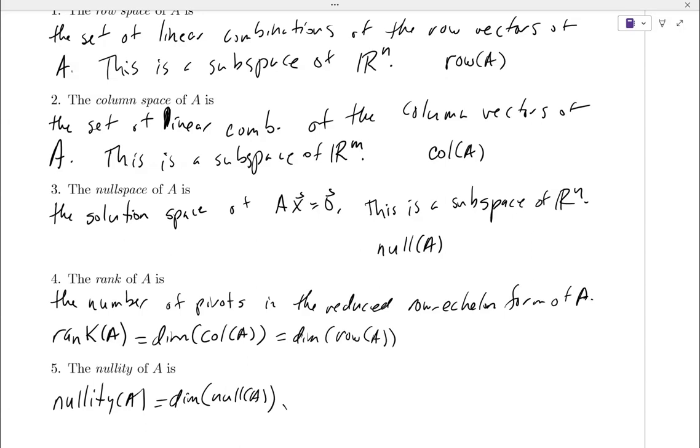Column space, we do the same thing, except we treat the columns as vectors in Rm and take the set of linear combinations of those. Null space is the solution space to the associated homogeneous system. And rank is the number of pivots in the reduced row echelon form. It also turns out to be the dimension of your row space and the dimension of your column space.